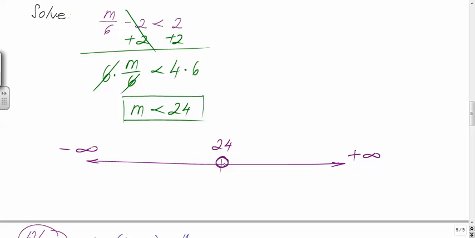Empty, okay? And it has to go which way? M is less than 24. Less than 24 will go all the way to negative infinity, and eventually my tablet will show that, okay? And this is how you solve, this is how you graph. Moving on.